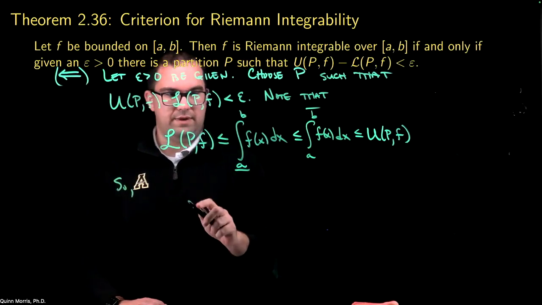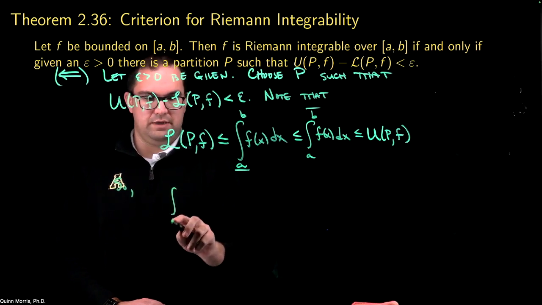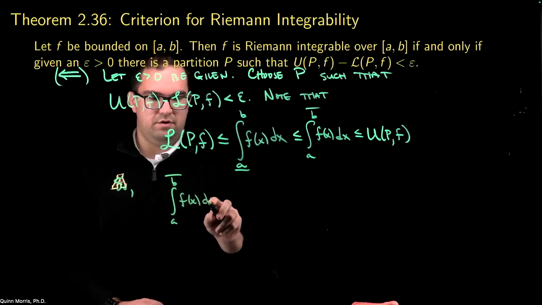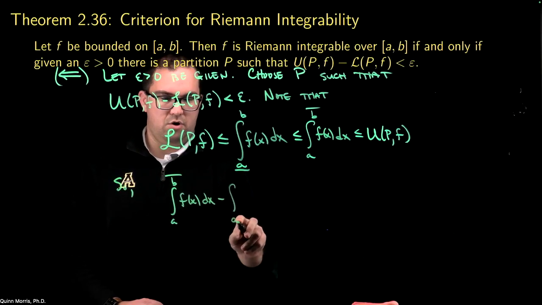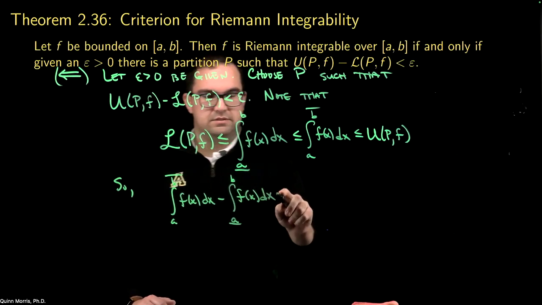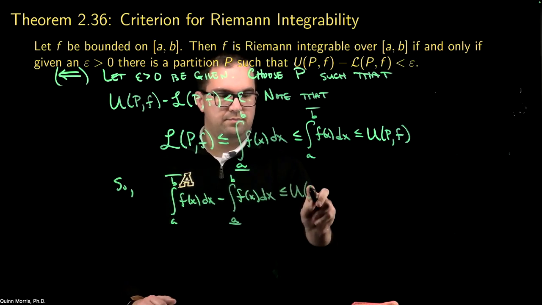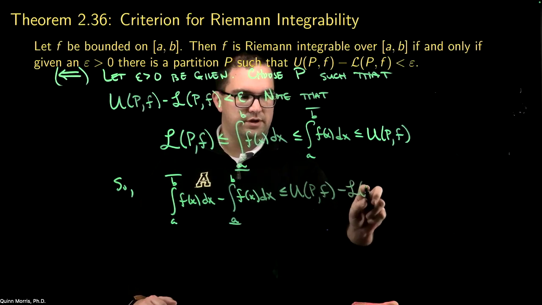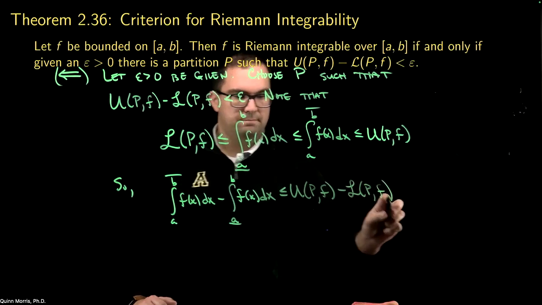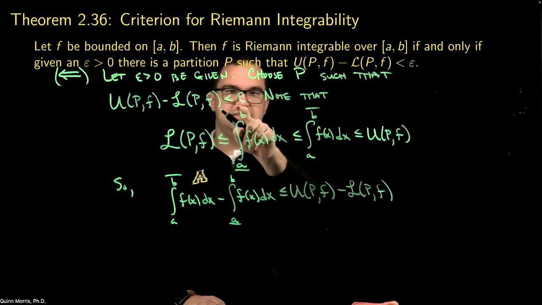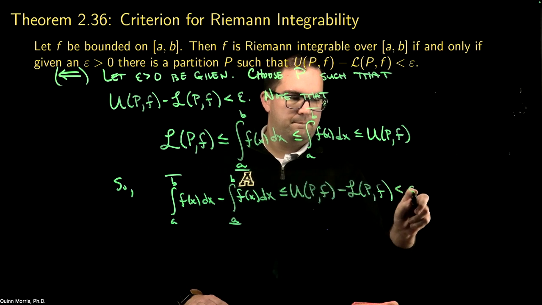So what we have is that the difference between the upper integral of f and the lower integral of f must be less than or equal to any particular upper sum minus any particular lower sum. Okay. But we've chosen these. We chose this partition such that this difference was less than epsilon.